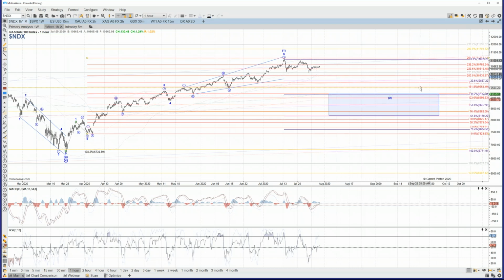But it basically just speaks, in my opinion, to the narrowing breadth of this overall rally, which I think is supportive of the fact that this is not sustainable and we will get more of a corrective pullback.